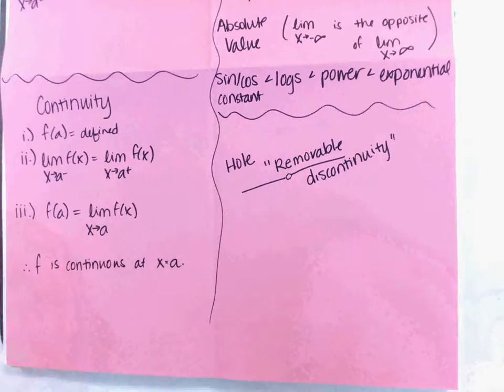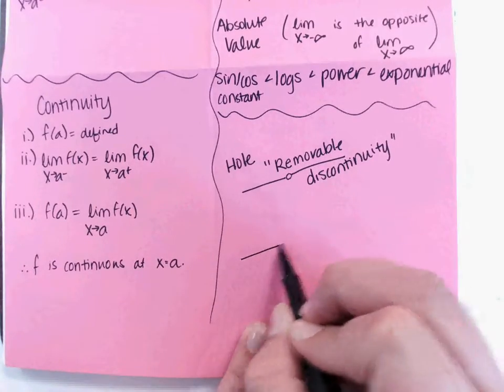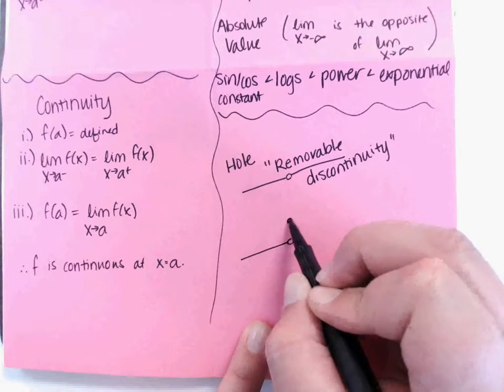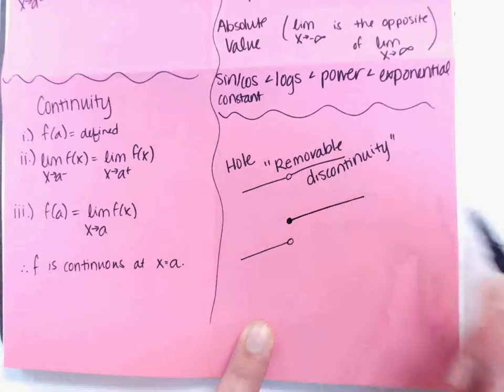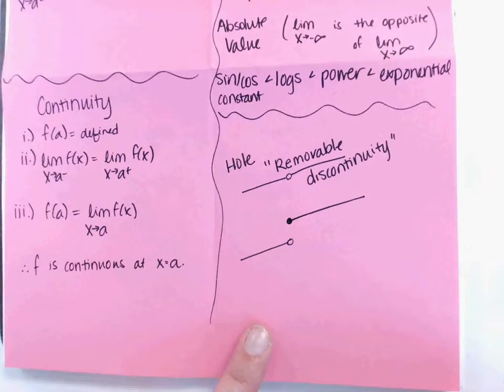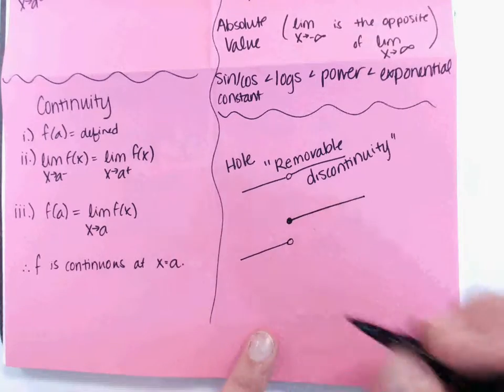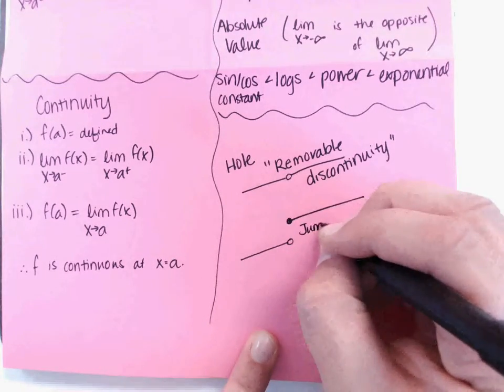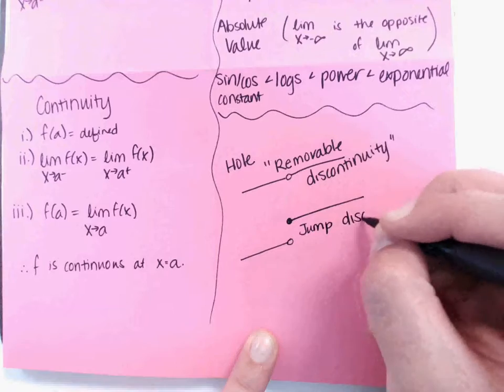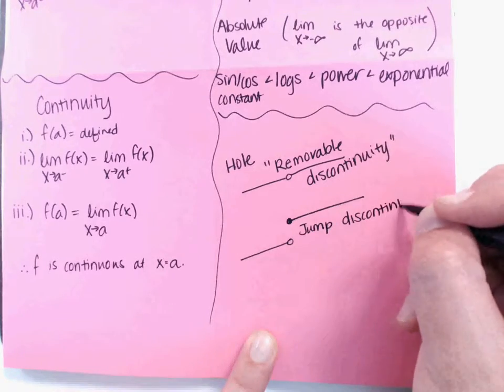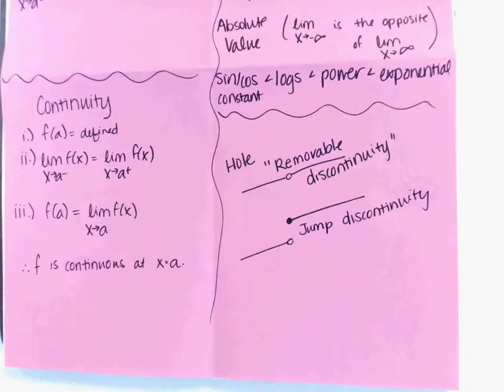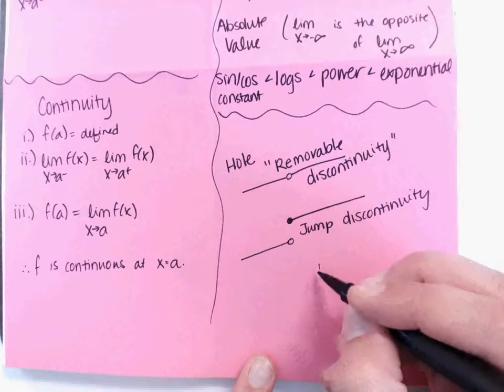Okay, the second type, maybe I forgot to tell you all this one, we'll see. Remember what that one's called? Oh, someone whispered it, I think. Jump. A jump discontinuity. And what that means is that both of your sides have limits, but they're just not the same. So maybe one side's going to 3, one side's going to 2. You have a jump in the graph from one piece to the other. And then the last type is when you have an asymptote.